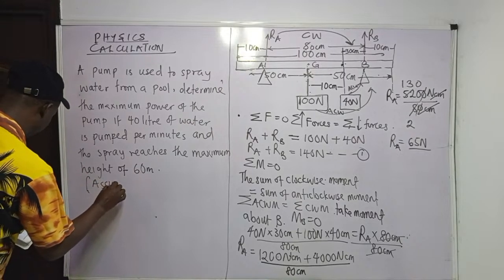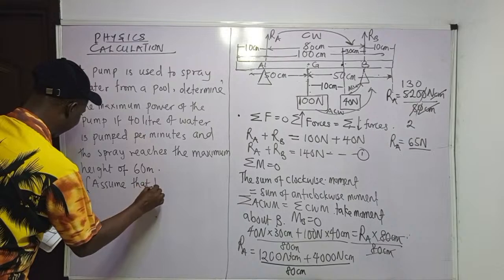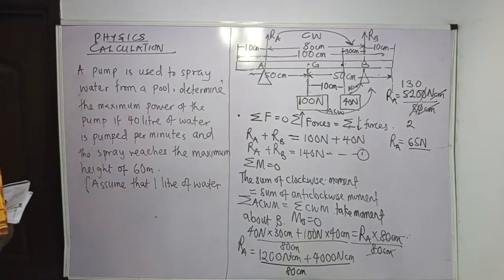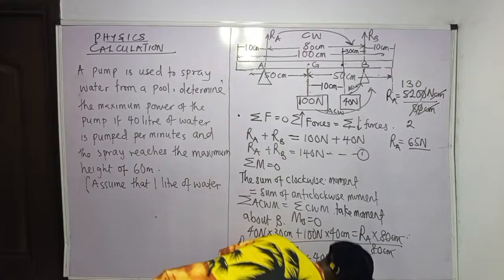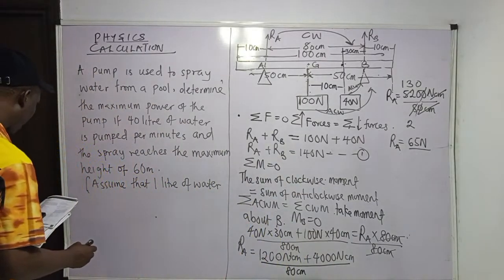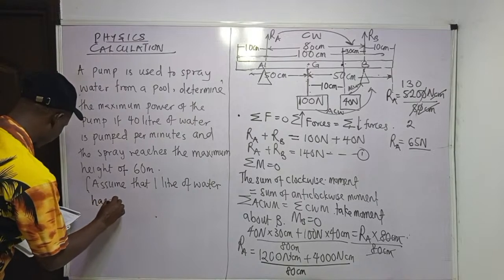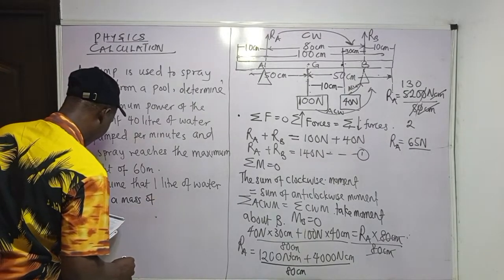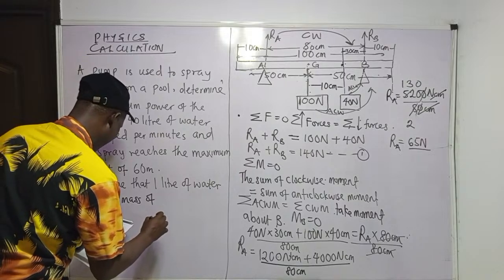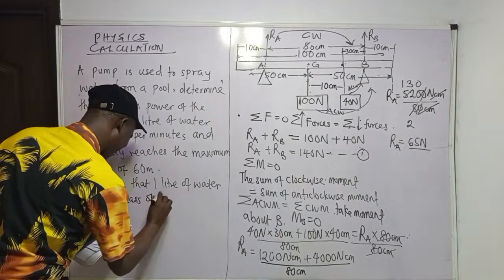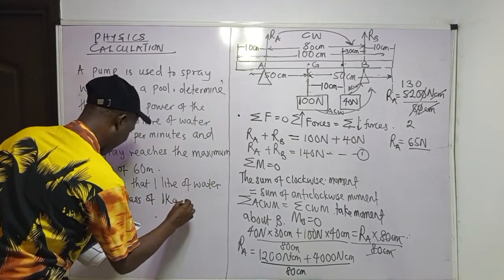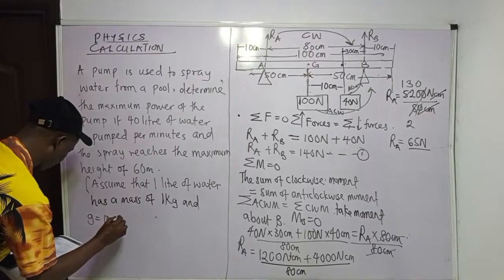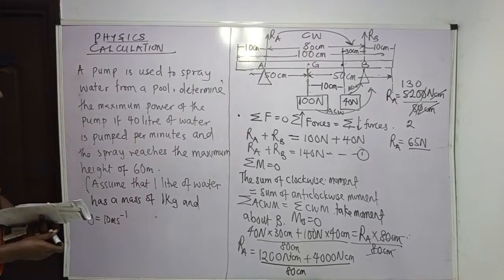Assume, according to the condition they give us, that 1 liter of water has a mass of 1 kilogram, and g is equal to 10 meters per second squared. Now, this is what we are looking for.